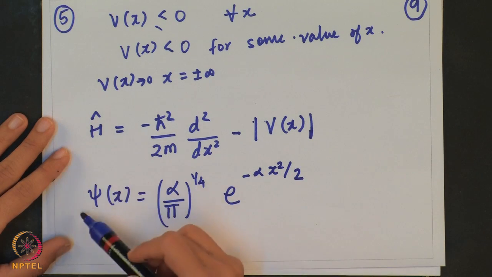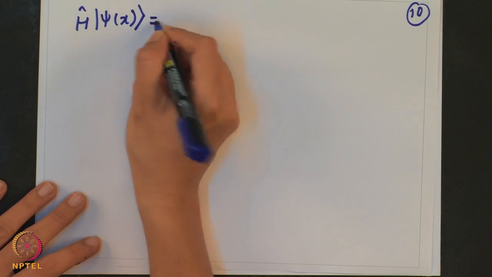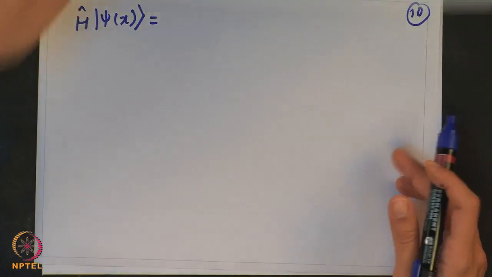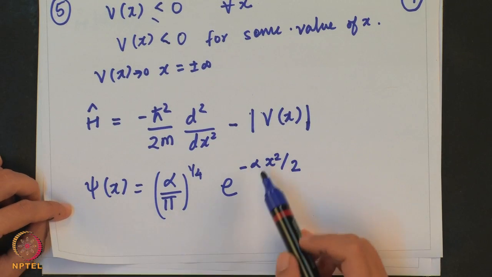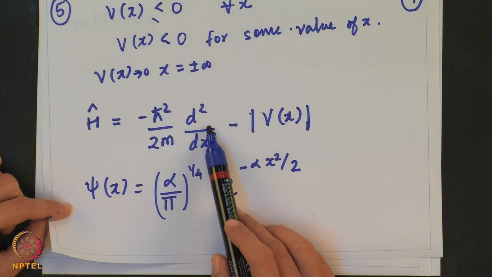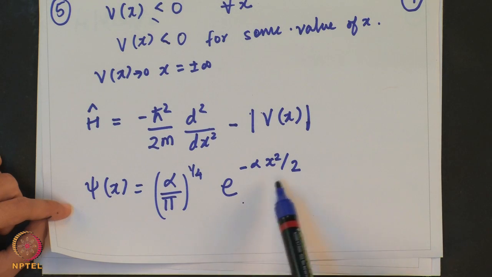Now if I operate H on this trial wave function, what do I get? Let us work out this quickly. When you operate the Hamiltonian on this wave function, you can see that this wave function has this exponent, and you will have to differentiate the exponent twice.